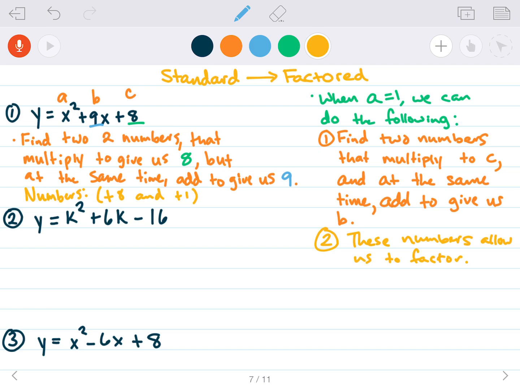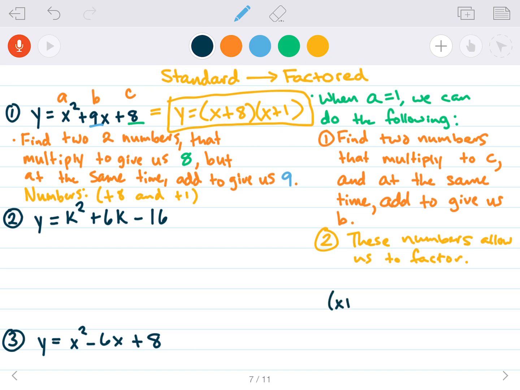And therefore, we can factor this to be y equals x plus 8, x plus 1. That's how we do it. And to check yourself, you can FOIL this back to see if you get your original standard form equation. So let's just check that out.